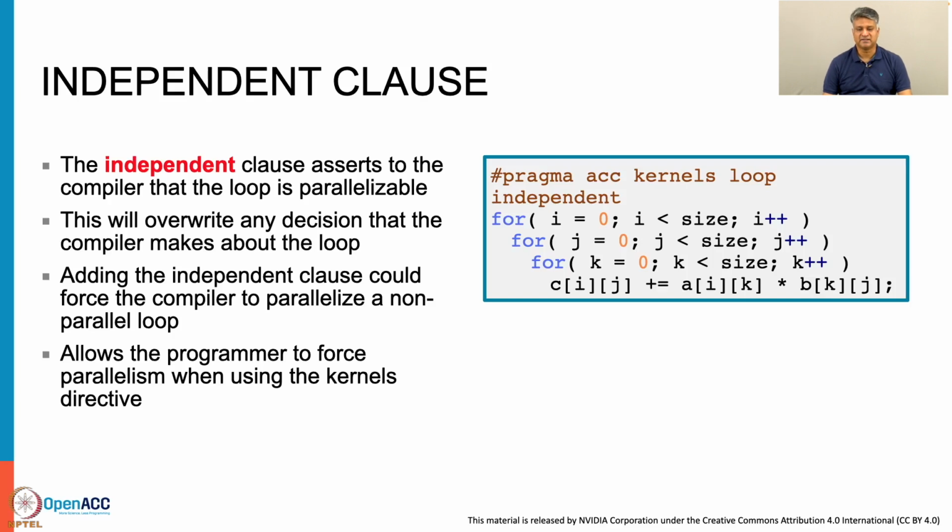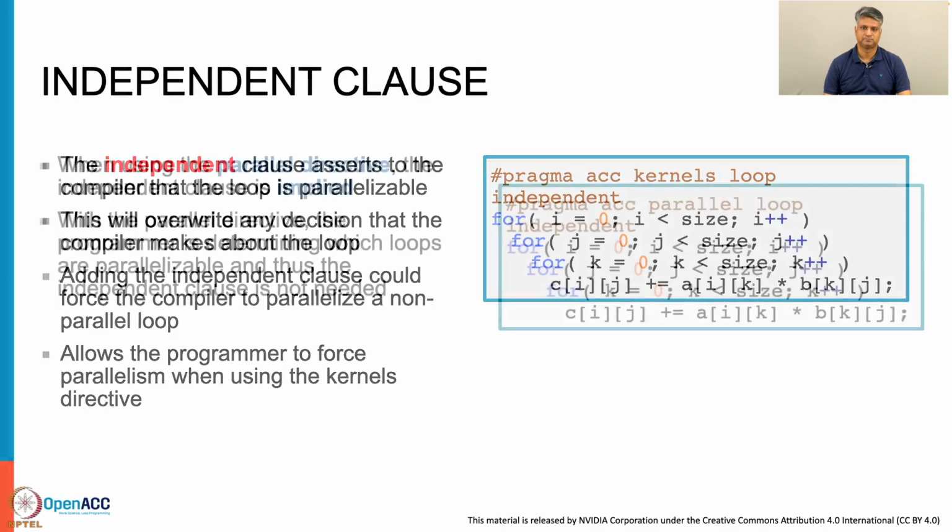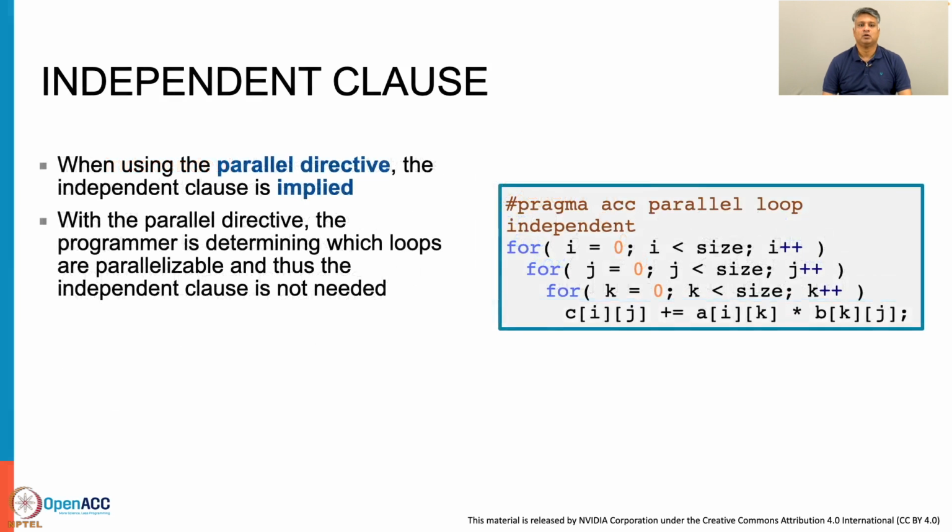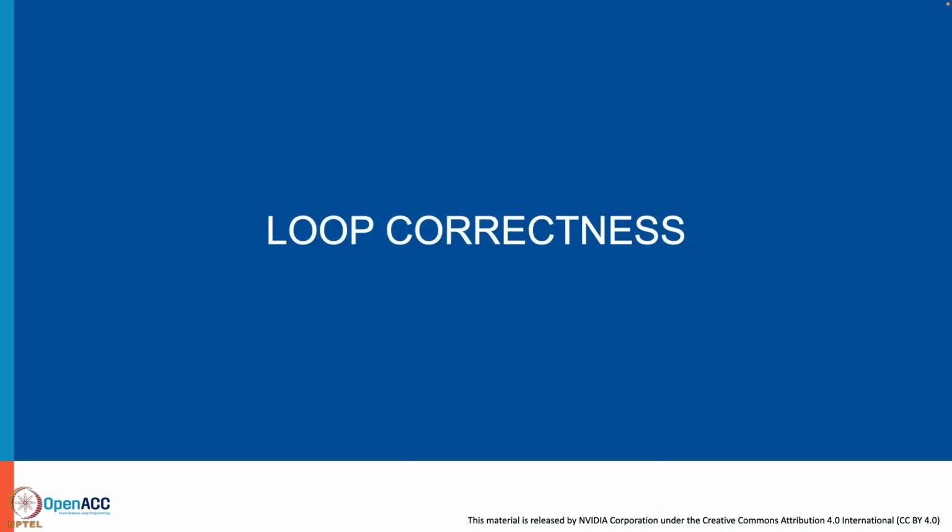It essentially gives more power to the programmer, but that means the programmer has to be careful where he or she uses the independent clause. When you use the parallel directive, the independent clause automatically becomes implied, because with the parallel directive, the programmer is determining which loops are parallelizable, and thus the independent clause is not needed. Ensuring loop correctness is very important for the accuracy of programs.